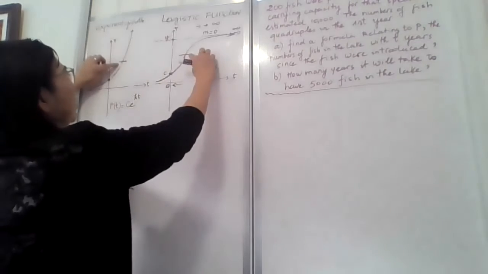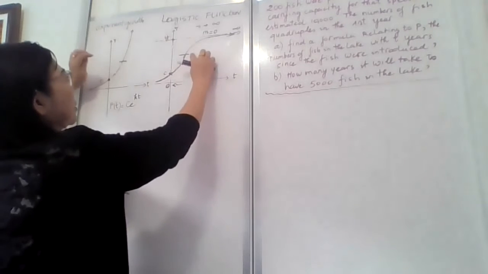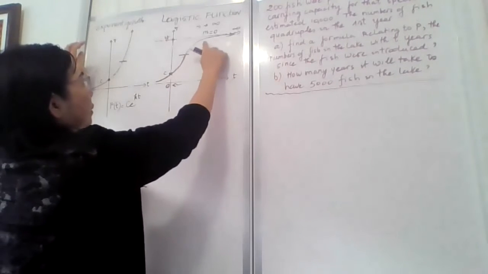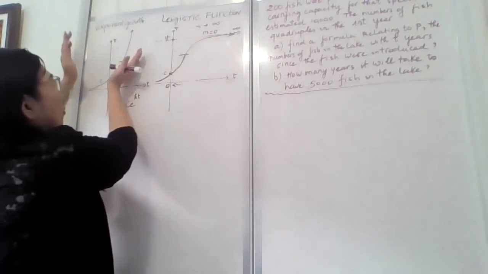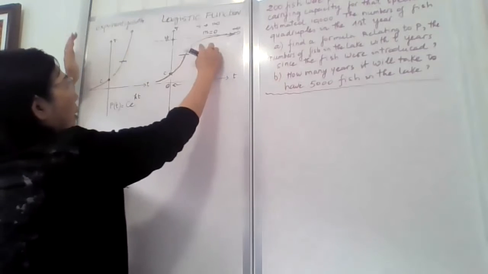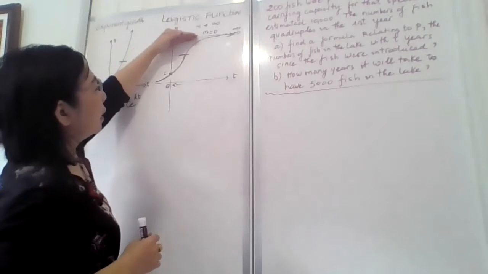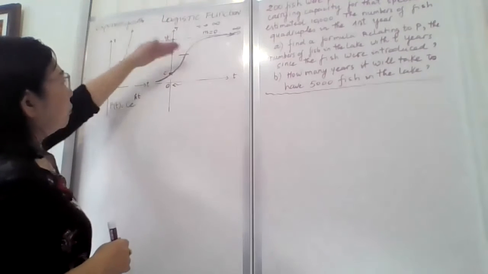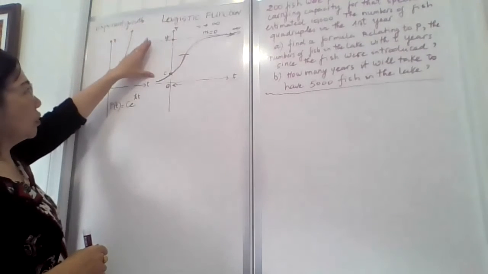The difference is this one eventually curves down, declines, and no longer rolls up like this anymore, and eventually curves down and hits the line here. So that is the difference between the two functions: the shape of the function.